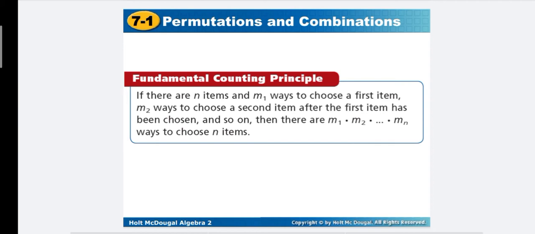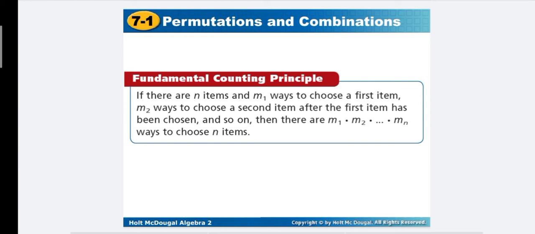If there are n items and m1 ways to choose a first item, and m2 ways to choose a second item after the first item has been chosen, and let's say we have m3 ways to choose the third item after the second item has been chosen, and so on.